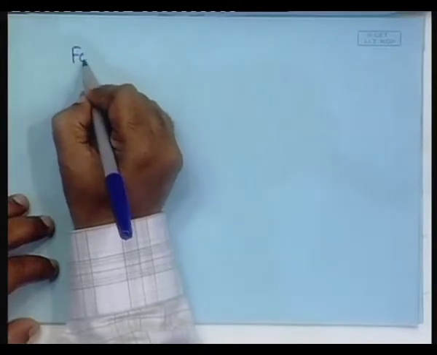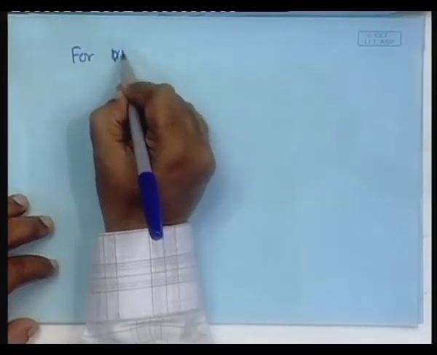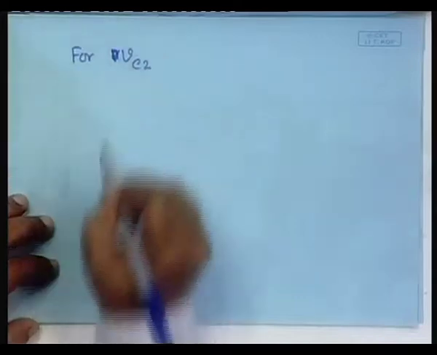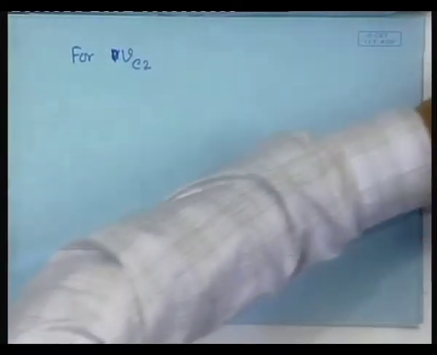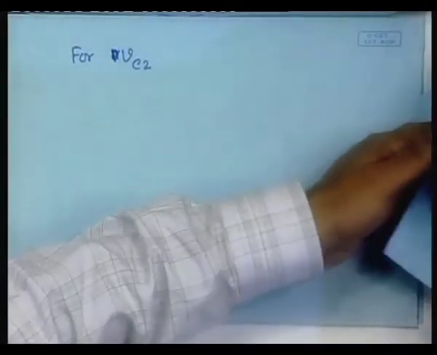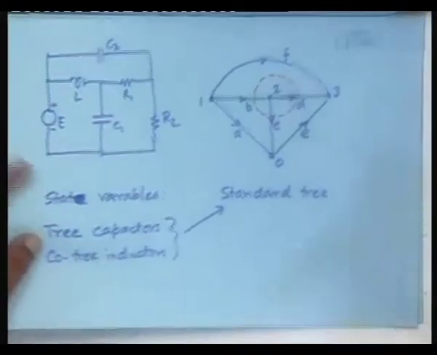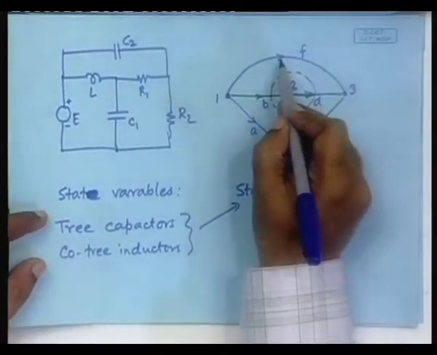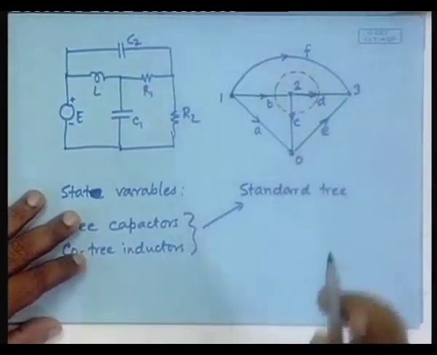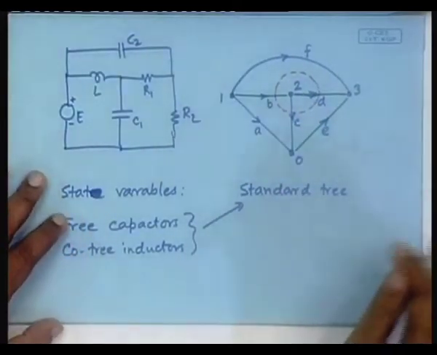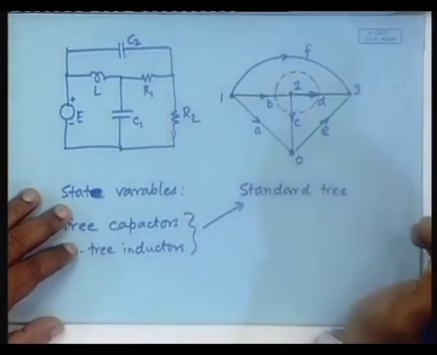Now, for VC2, which cut set should we take? C2 is here. We have to write that basic cut set that contains only this. What is that?